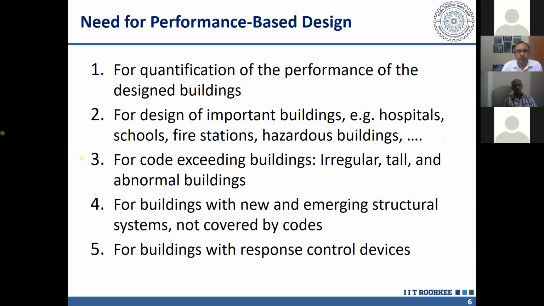You may be aware that BMTPC has also advocated some new construction techniques, but our design codes are not available for those. In IS 1893, response reduction factors are available for certain classes of building, and if your building does not come in those classes, you cannot use the code because the response reduction factor for that class is not known. So there it becomes essential to perform performance-based design.